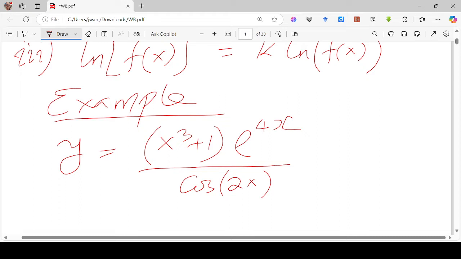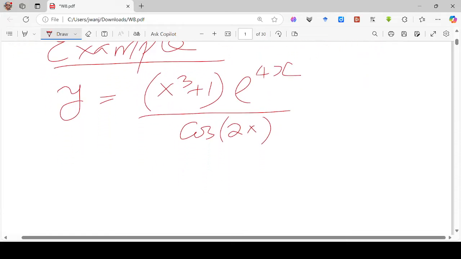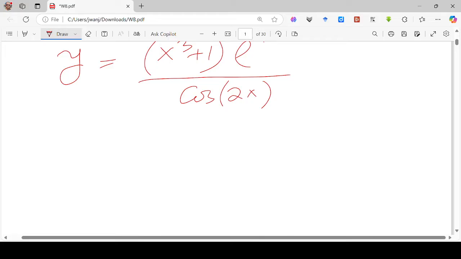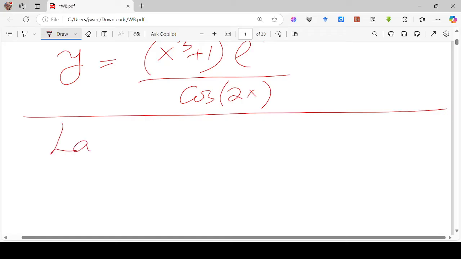We want to use these laws to simplify this expression, and then we differentiate.